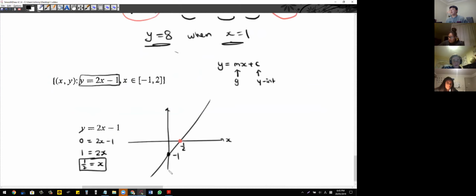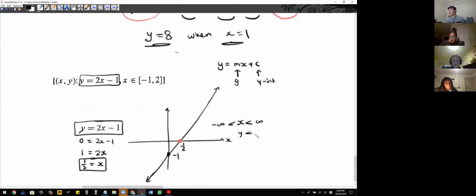So this is the graph, but we want to draw this function. As you can see, if you only have this one, then you just draw the straight line like this, and it just stretches up forever, stretches down forever. So the domain is basically negative infinity to infinity.